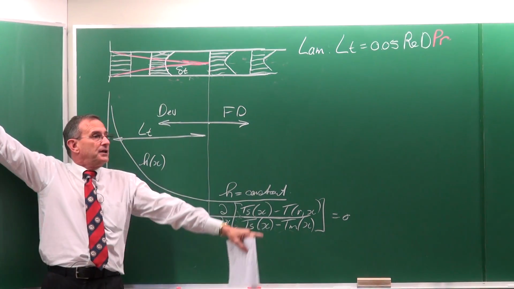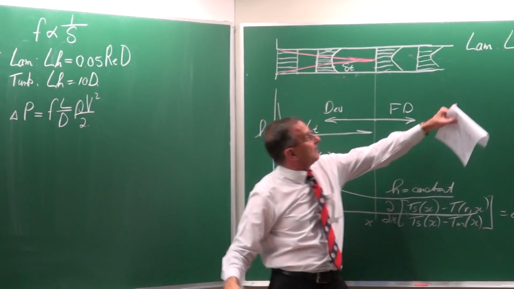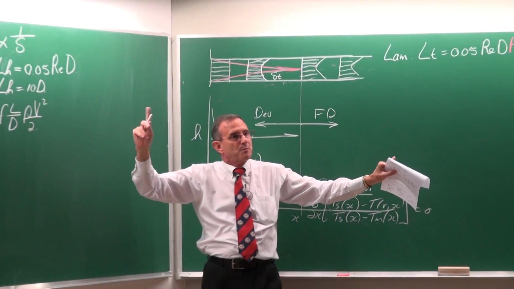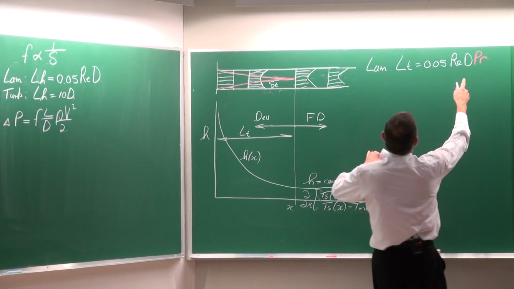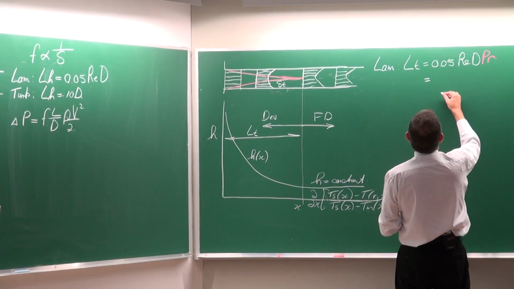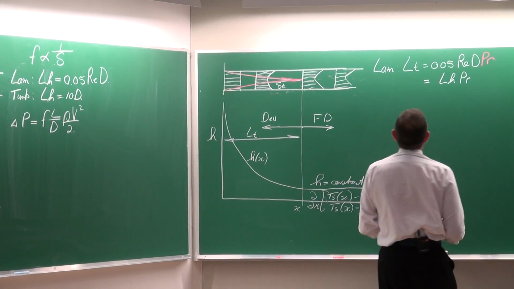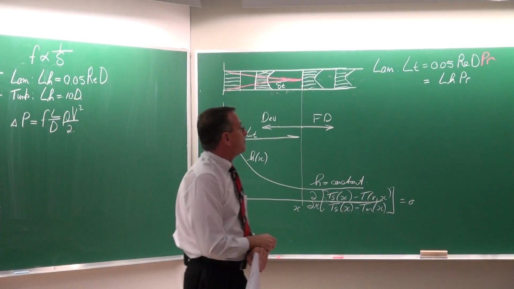So if you look at this equation, and that equation, you can see it is exactly the same except for the Prandtl number, which means that this is actually equal to LH multiplied by the Prandtl number. You see?